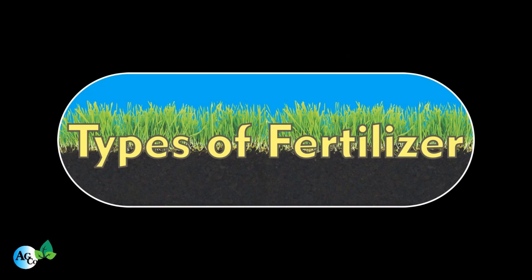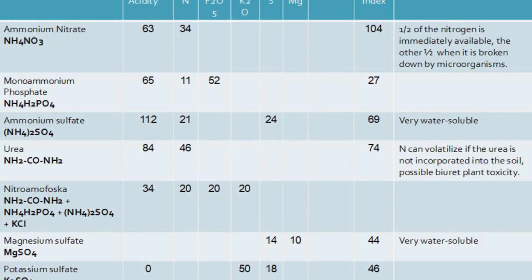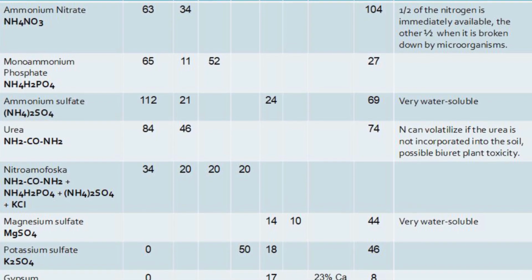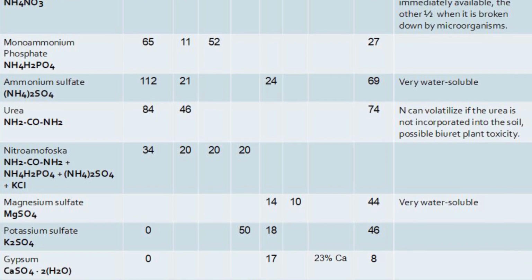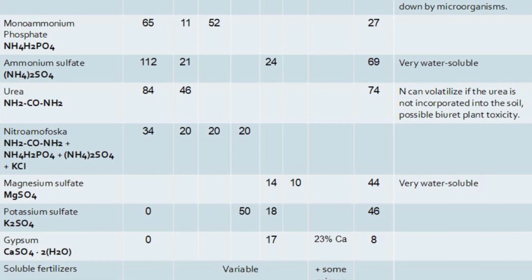Here is a table of the major types of fertilizers and the amount of nitrogen, phosphorus, and potassium that they contain, along with some of the specific other nutrients. And these are on percentage basis by weight, so kilograms per 100 kilograms of fertilizer.